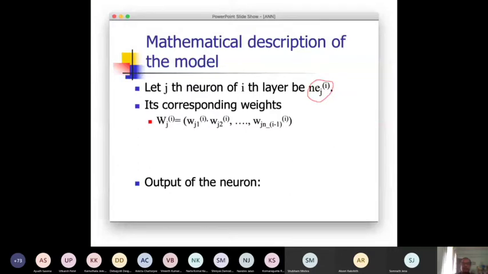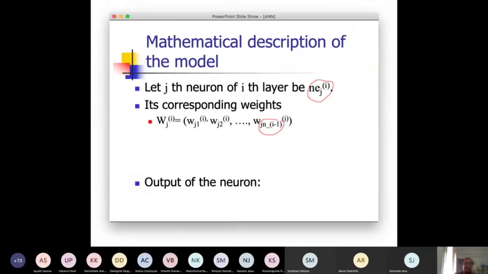So these are the input weights connected to this neuron. To describe a particular perceptron, you need to know the connection weights from its inputs. So this weight vector for this neuron denotes the connections from the neurons of its previous layer, and that is why, according to our notation, I have kept this as j, a kind of subscript.